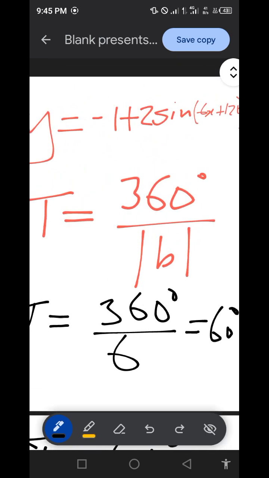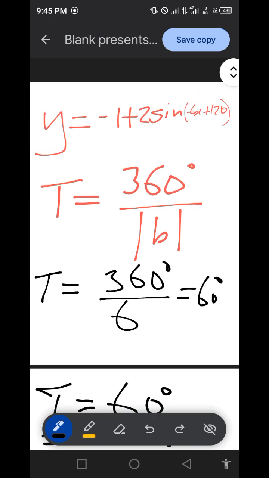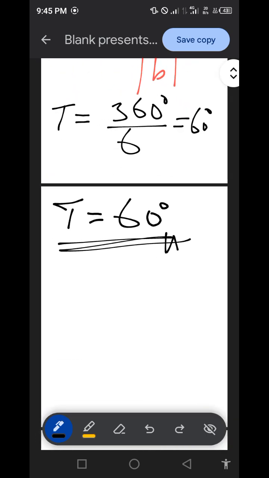So the amplitude is just the number attached to the trig component.